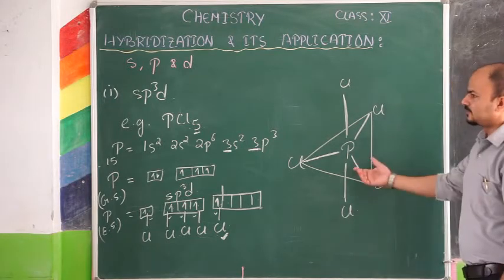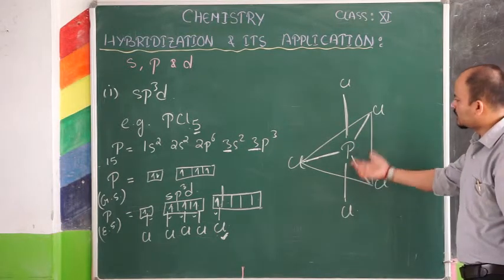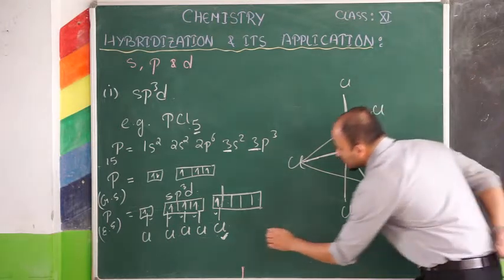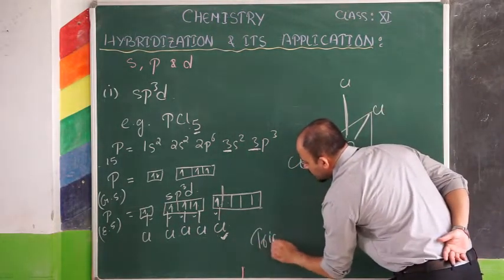Okay, and the geometry, the structure. The geometry of this structure is known as what? Trigonal bipyramidal.